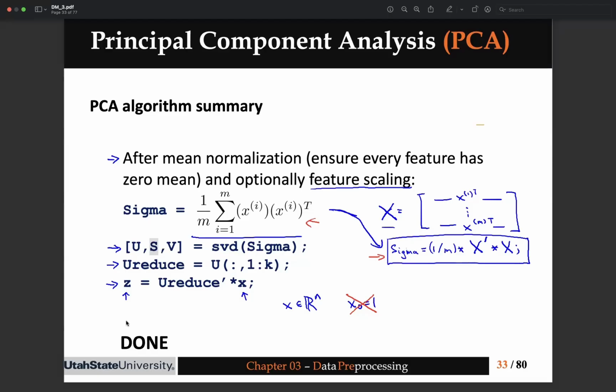But the idea here is that once we have our U reduce, once we know how many components we would like to use, then we can find Z, which is the coordinates of my new data set, which is nothing but U reduce times X, right? So if you just take X, which is my original tuple, and multiply it by U reduce, which is the principal components, only the first K of them, then I'll get Z, which is my new data set.